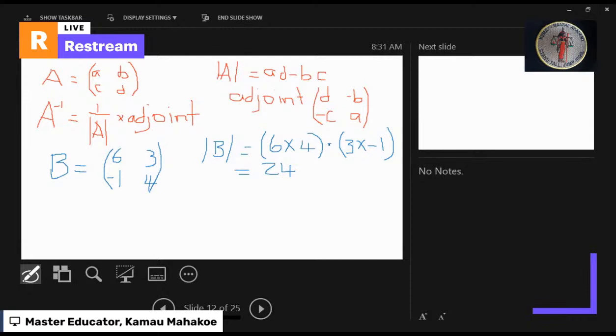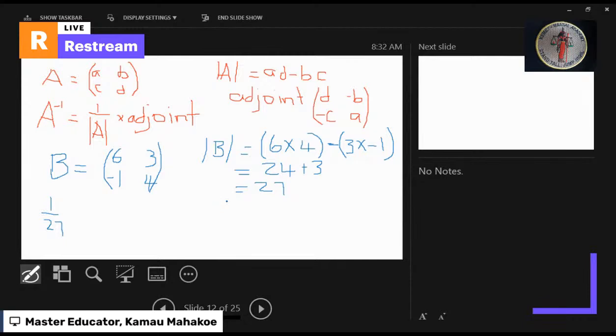So this negative will work with this negative multiplying it, so we'll get a positive 3 and that's going to give us 27. So the determinant, so it's 1 over the determinant, right? So 1 over 27.